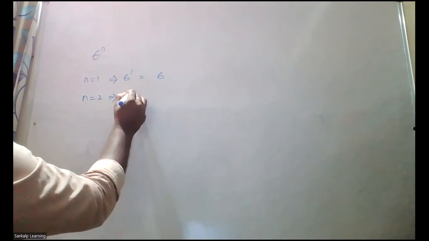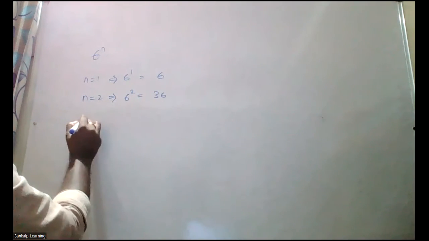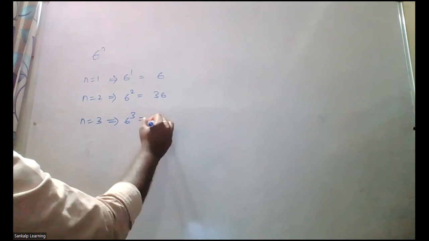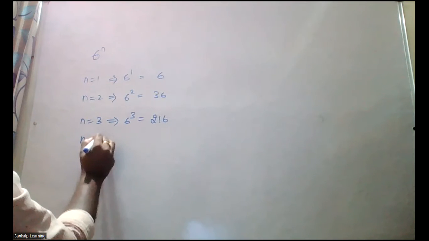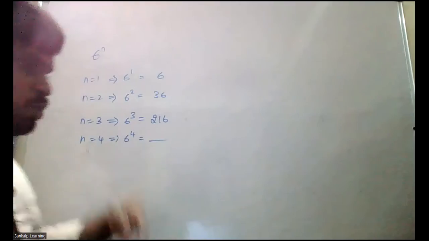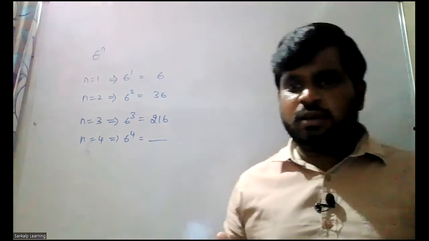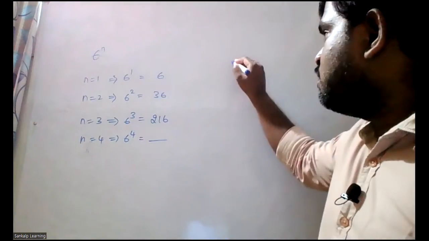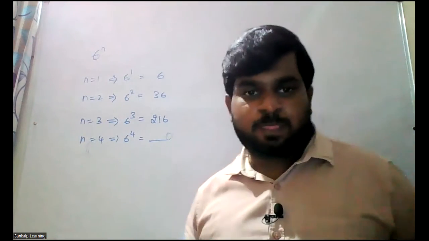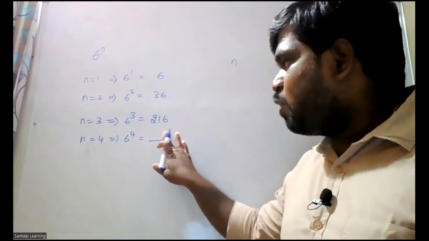If n is 2, it is 6 power 2, 36. If you give n as 3, 6 power 3, 216. If you give n as 4, 6 to the power 4, whatever you get. Is there any value of n such that this number is going to end with 0? We have to check, is it possible?